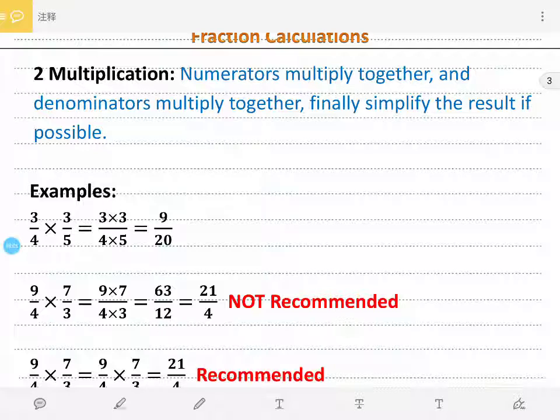You just multiply numerators together and over the product of denominators, and finally simplify the result if possible. But I recommend you simplify during your calculation, not at the end, because at the end you will find it's more complicated to simplify.